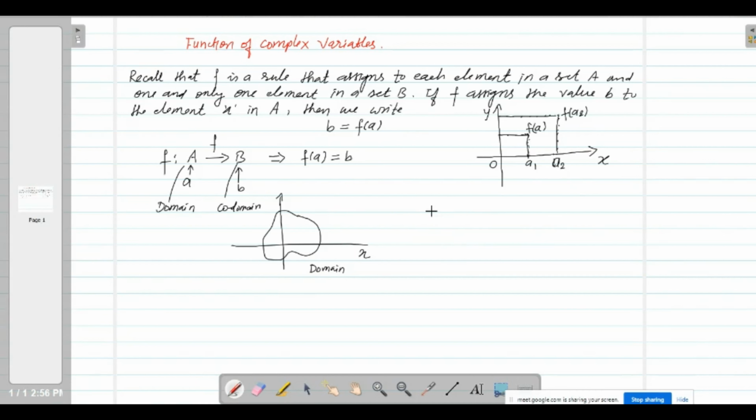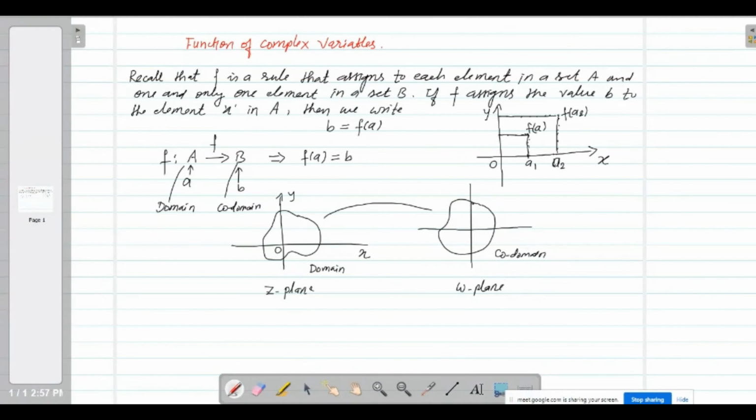Now we will have the codomain of the function, defined here in the complex plane. This plane is known as the z plane, that is the XY plane, where you have the origin. This other plane is known as the omega plane, and this is the codomain.